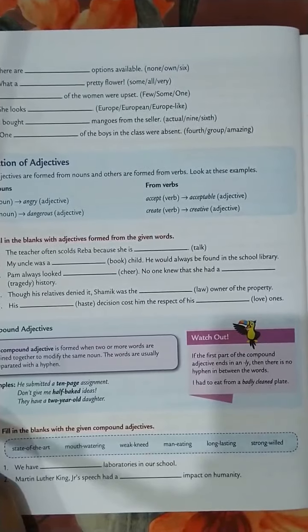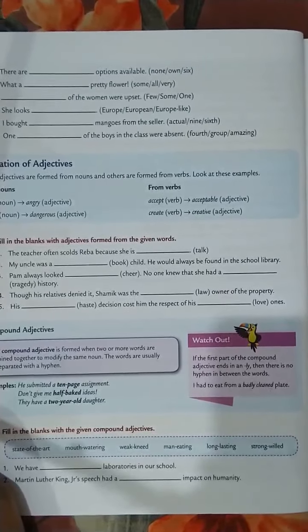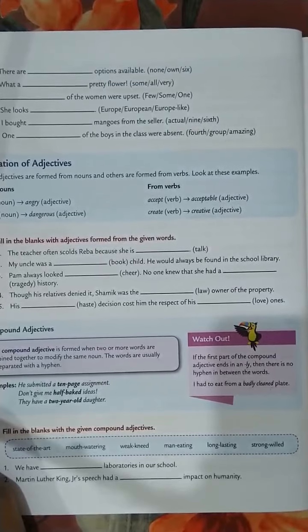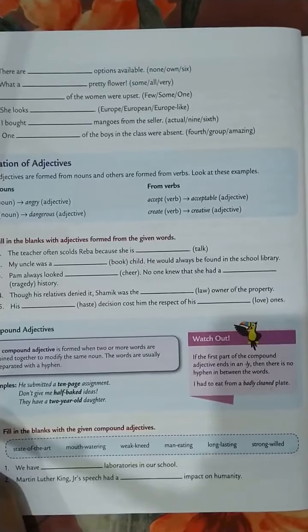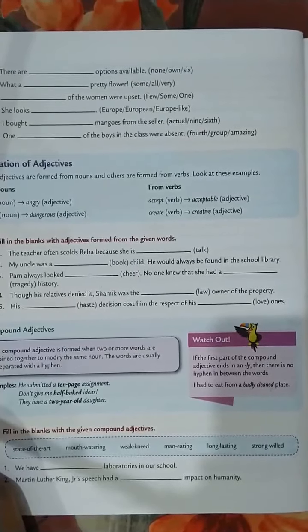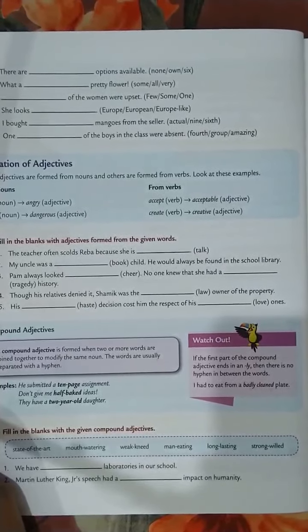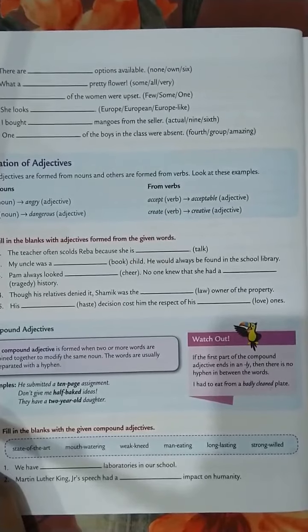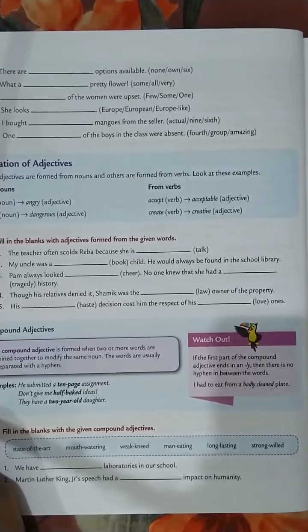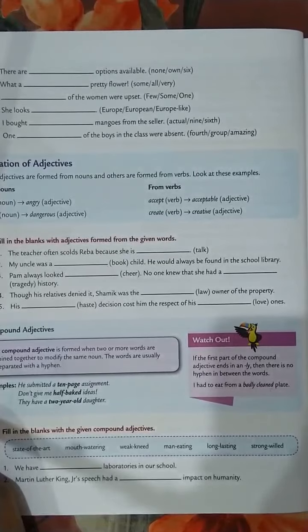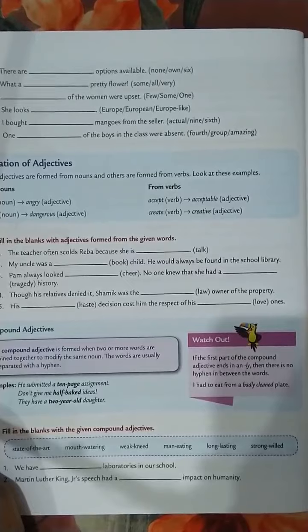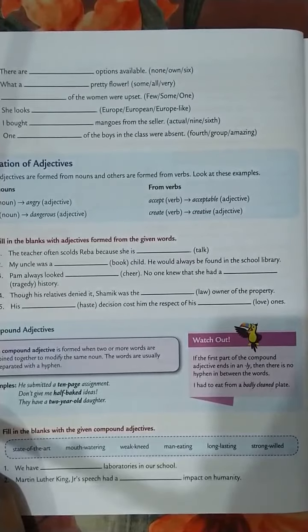There are some other words like extremely brave, beautifully painted, widely used, and privately held. Between these two words there won't be any hyphen when the word ends in ly.